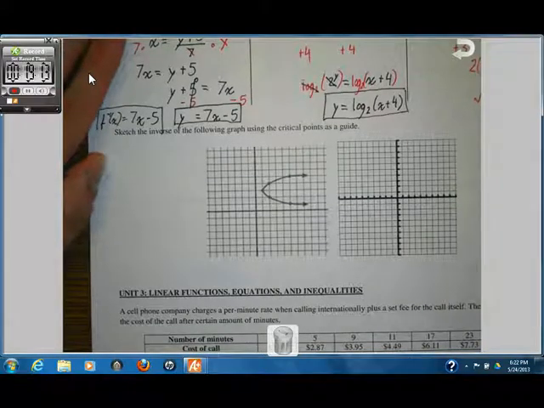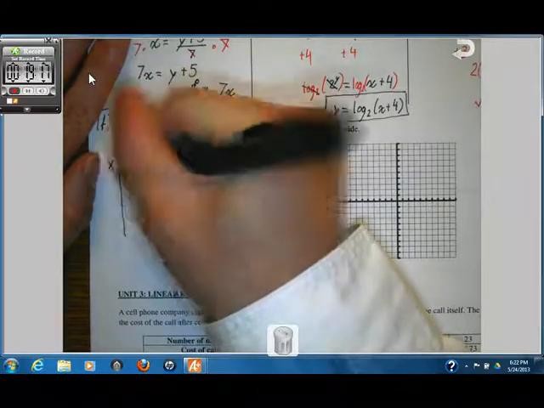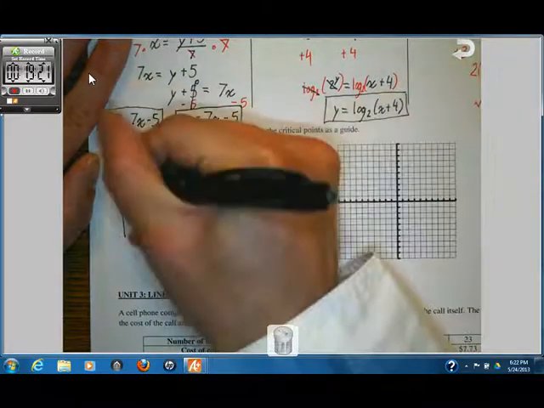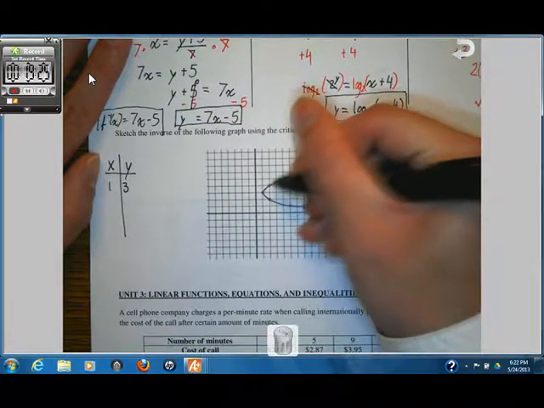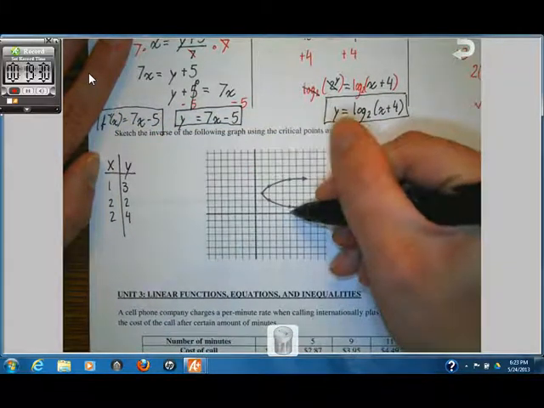For the inverse function, all you really have to do is switch the x and the y values. So the y value here becomes the x value there. And then you just plot it in the new spot.